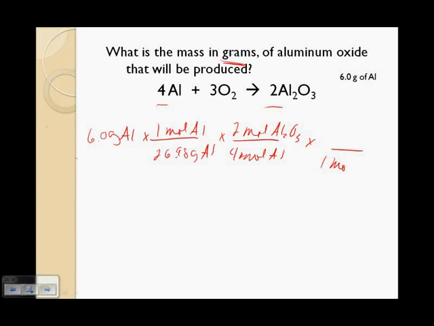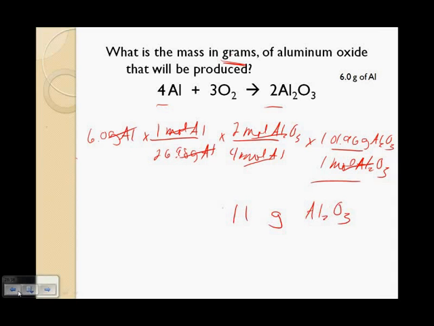So 1 mole of aluminum oxide, that's 2 aluminums and 3 oxygen, and the molar mass for that is going to be 101.96 grams of aluminum oxide. Make sure I can cancel all of my units. And I'm going to end up with, I need 2 sig figs, just like my given, 11 grams of aluminum oxide. Okay.